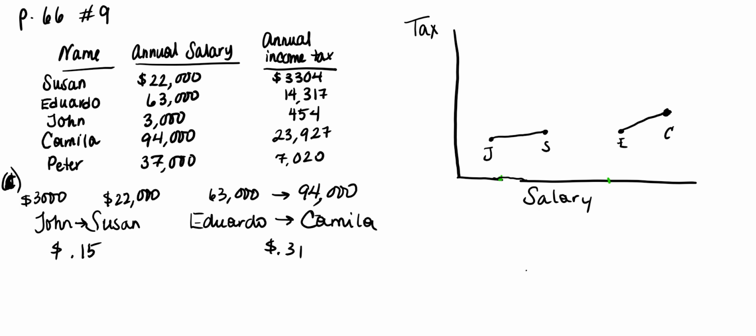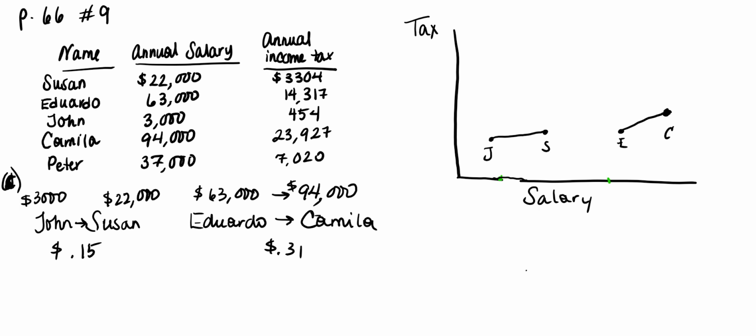Moving from Eduardo to Camila, we're moving from a salary of $63,000 to $94,000. And the slope from John to Susan is only 15 cents on the dollar. So for each additional dollar earned in salary, you pay 15 cents of it in income tax between the salary brackets of $3,000 and $22,000.